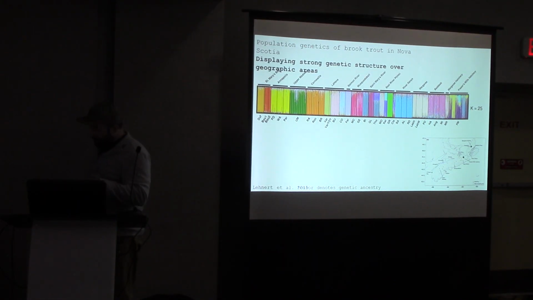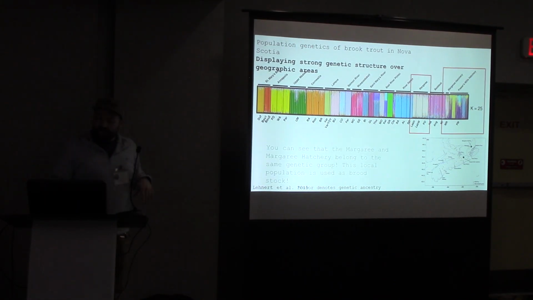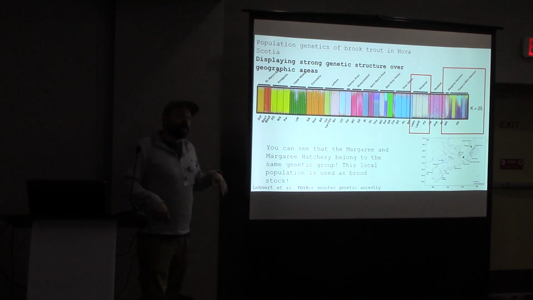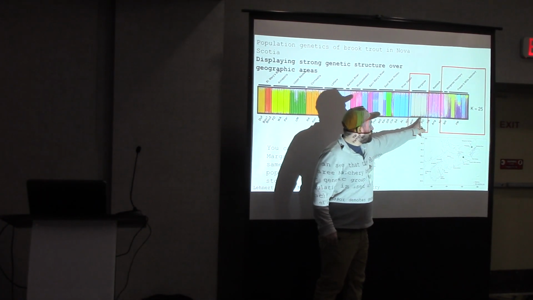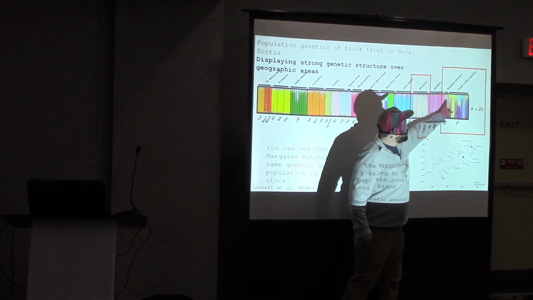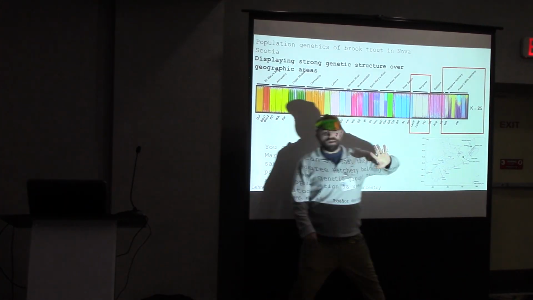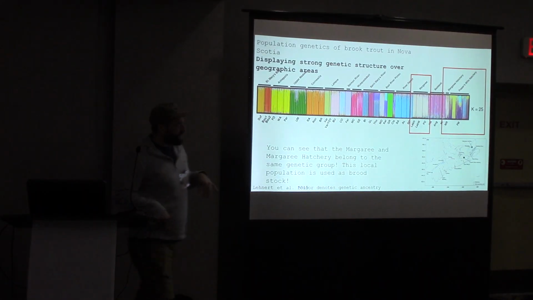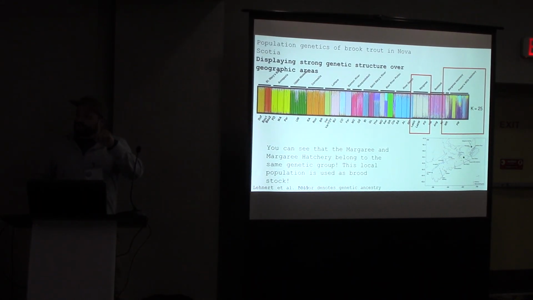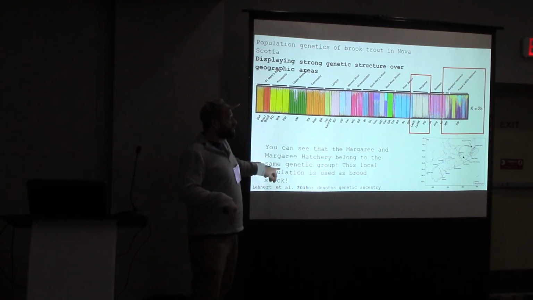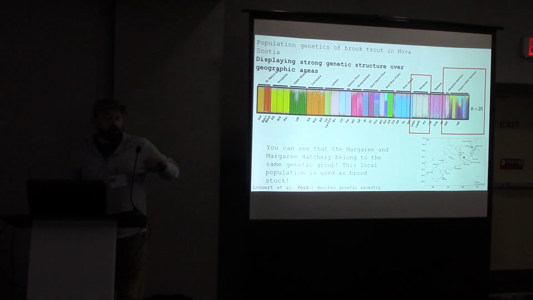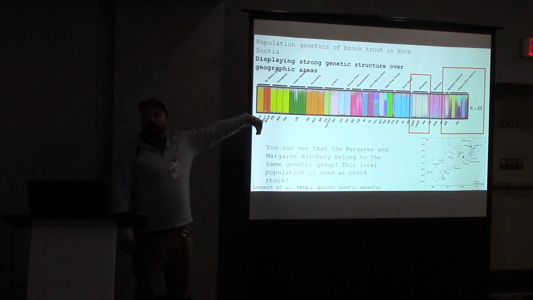But what's really interesting is that in this population, they also do some stocking. So the local population here, and there's also this hatchery. Sorry, I use my hands a lot. Anyways, you can see they belong to the same cluster. They have the same color, same genetic ancestry, and that is because there's an active broodstock. But all of these other locations are also stocked with that same strain.